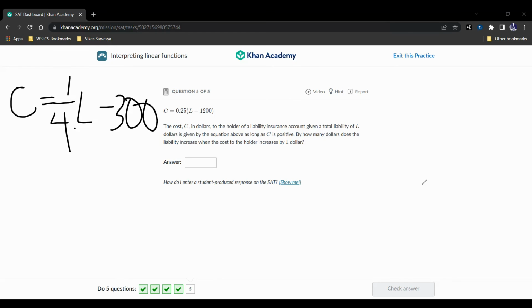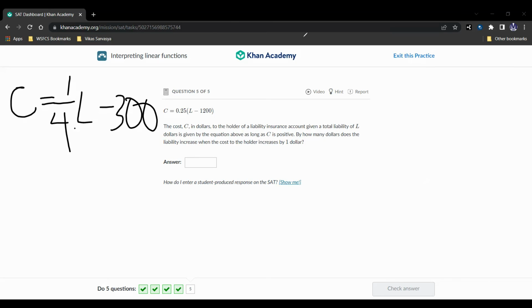By how many dollars does the liability increase when the cost to the holder increases by $1? Now we got to think about this because the cost is increasing by $1, not the liability. So this is not a y equals mx plus b situation.